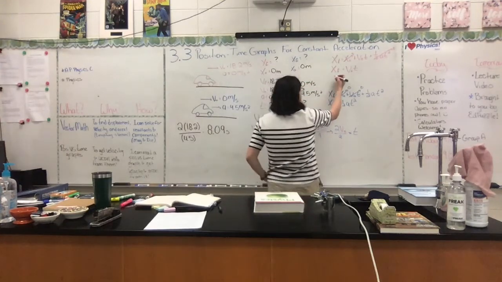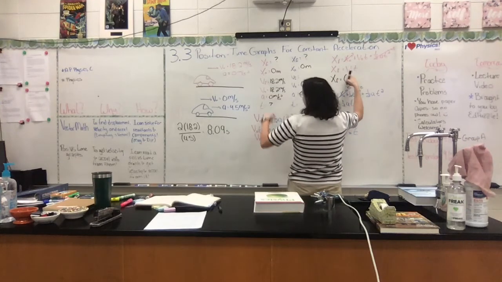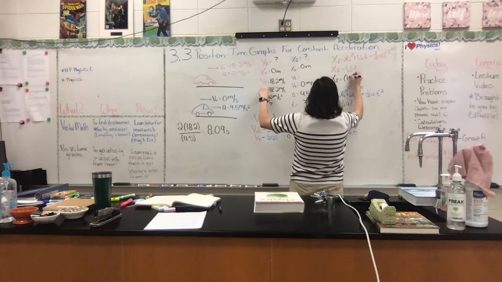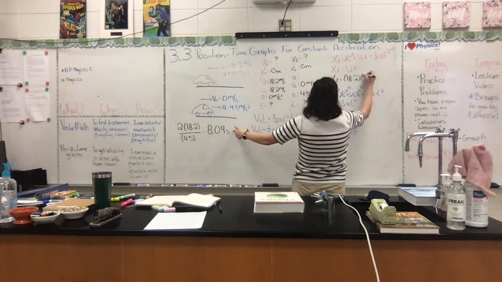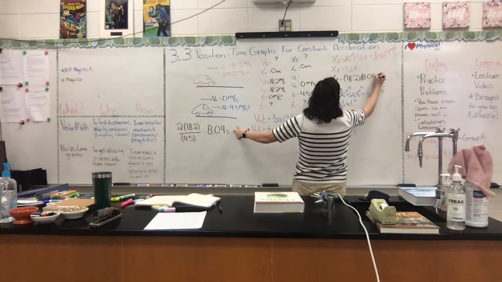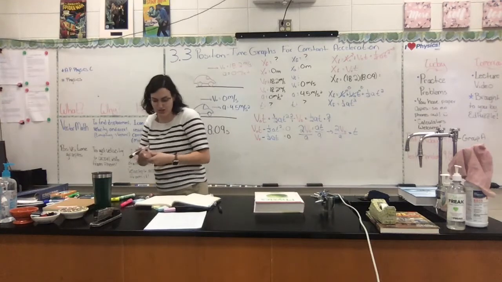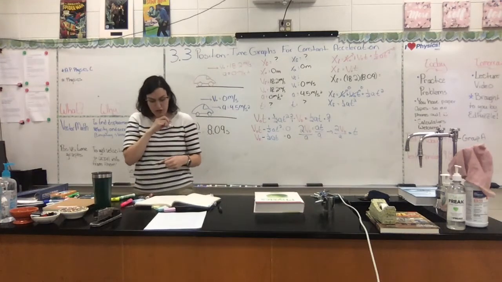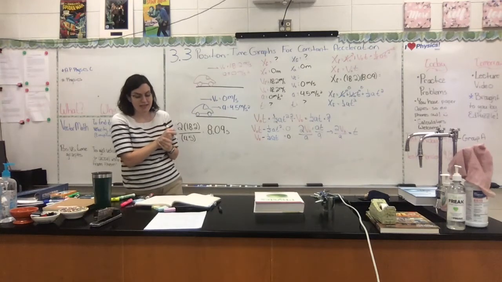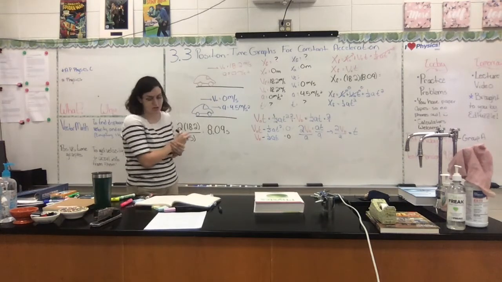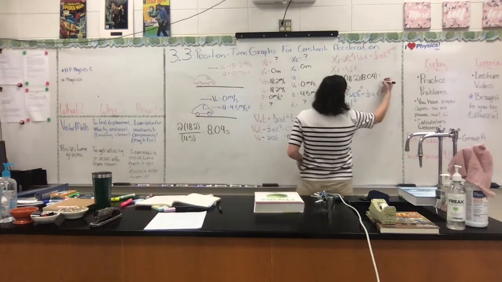So what I'm going to end up getting is that final position where they meet is equal to the speeder's initial speed of 18.2 meters per second times that time where the cop catches up of 8.09 seconds. When you type that into your calculator, you should get that they are going to be in the same place at the same time at 147.24 meters.